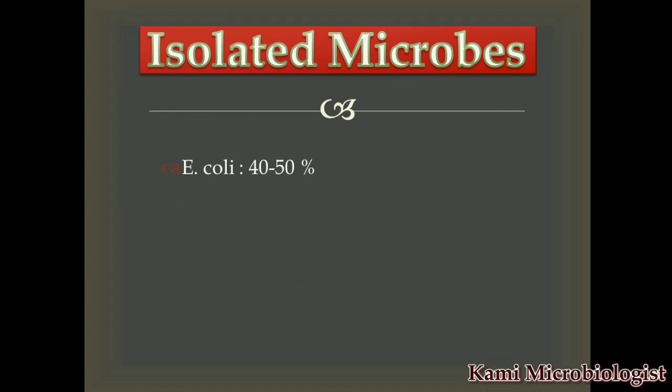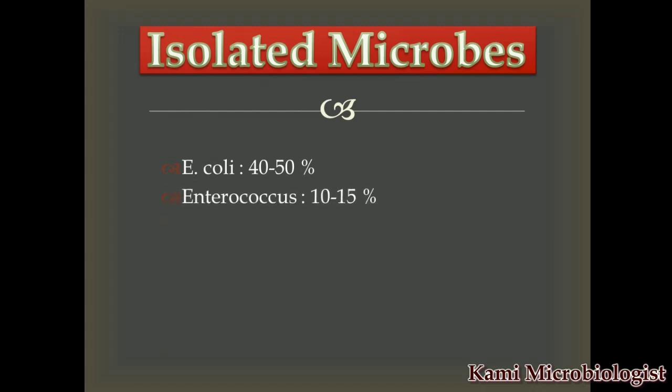Once the UTI infection is caused, it leads to prostatitis. Remember, when there is inflammation in the prostate gland, we call it prostatitis. It means infection or inflammation in the prostate gland or in the prostatic fluid.